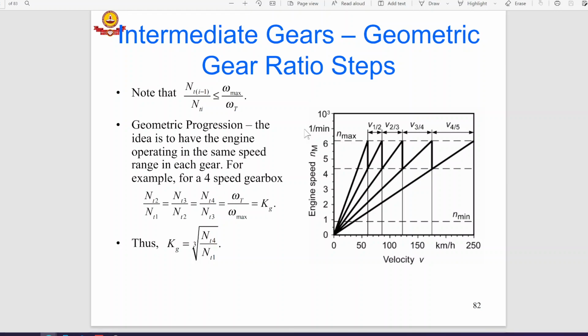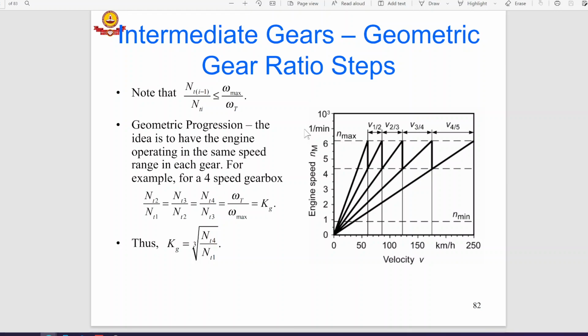Yeah, so we can say that NT2 by NT1 will be the same as NT3 by NT2, which will be the same as NT4 by NT3, right? Which is omega T by omega max. So we can define that as the constant kg, which is essentially the cube root of NT4 by NT1 for a four speed gearbox, right?